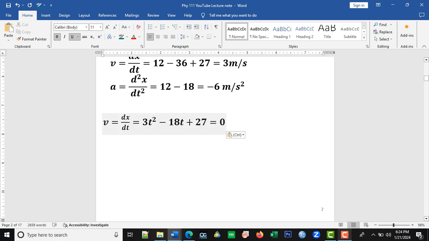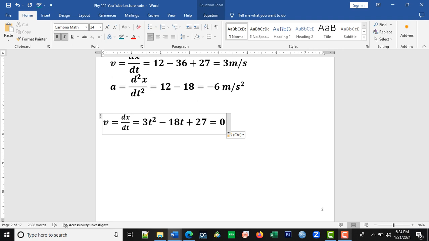This expression reduces to 0, and if you look at it critically, you see a quadratic expression, and this is divisible by 3. So looking at this carefully, this expression can still be reduced.